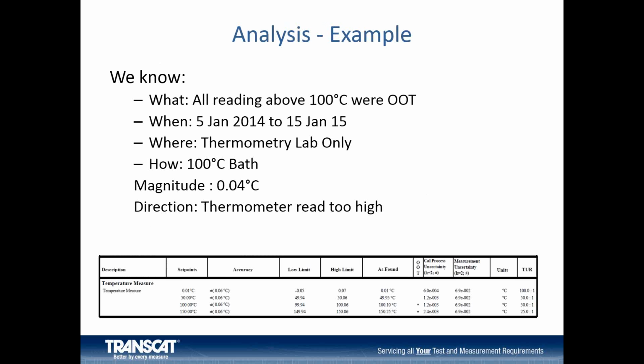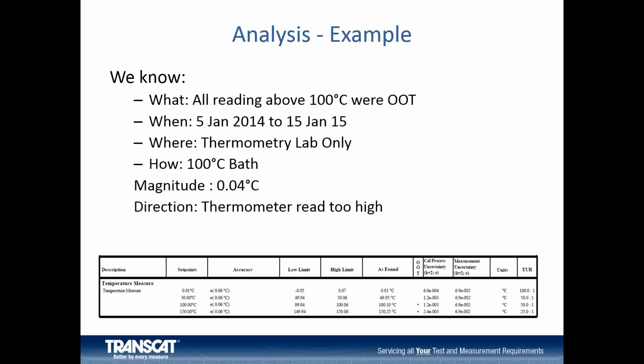So, in our example, what do we know? All readings above 100 degrees were out of tolerance. We need to look at all products between January 5th, 2014 and January 15th, 2015. We only need to look at the thermometry lab, and the out of tolerance point was only used in the 100-degree bath.